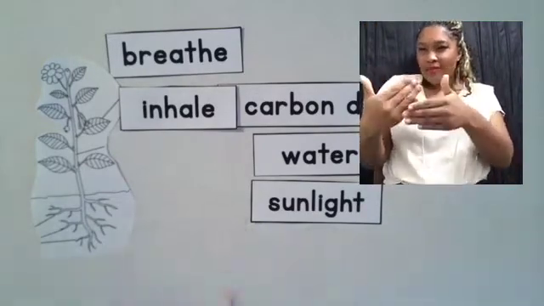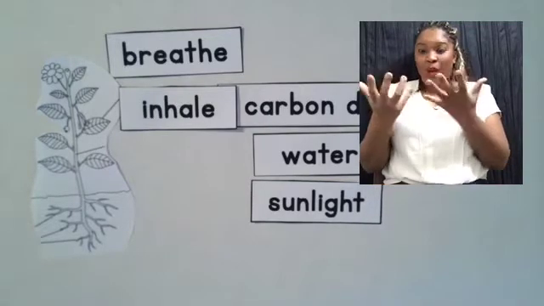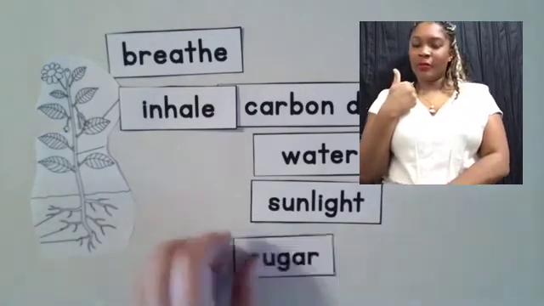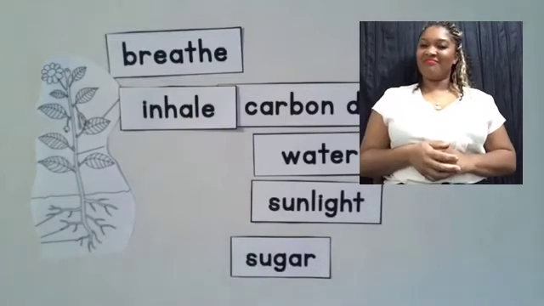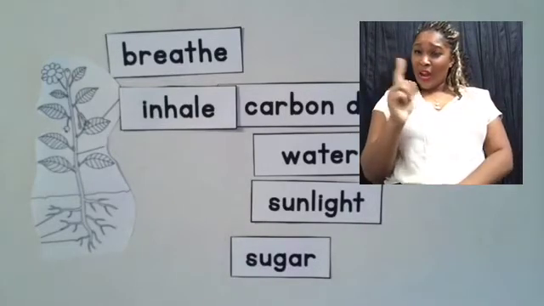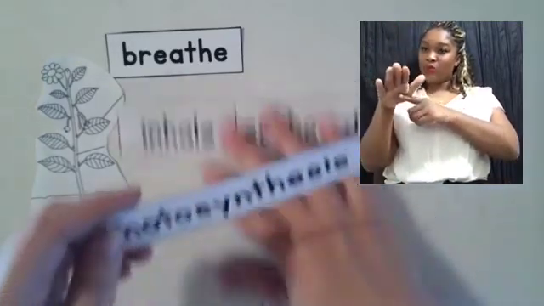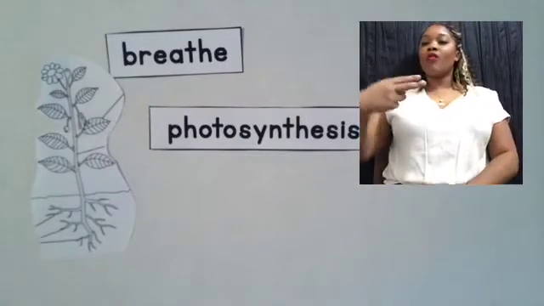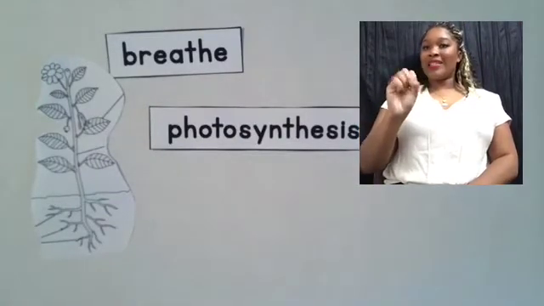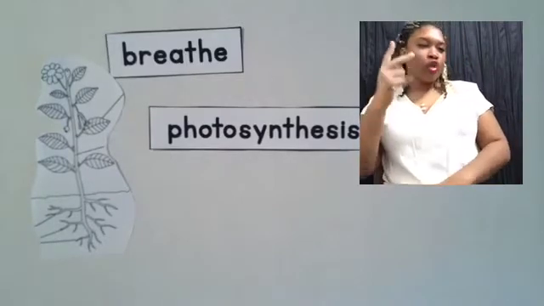They use these to make sugar, or food for the plant. This happens in the leaves of the plant, and this whole process is called photosynthesis. Let's look at a diagram of how this works.